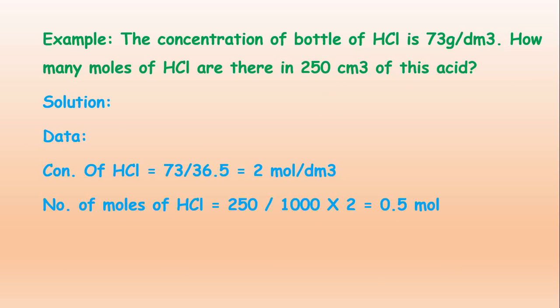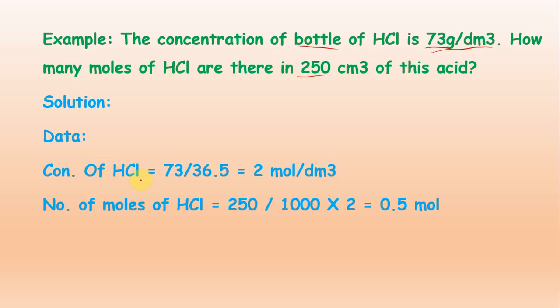Now this is another question, related to formula number 2. The concentration of a bottle of HCl is 73 gram per dm cube. This is the concentration given. How many moles of HCl are there in 250 cm cube of this acid? Look at the data.